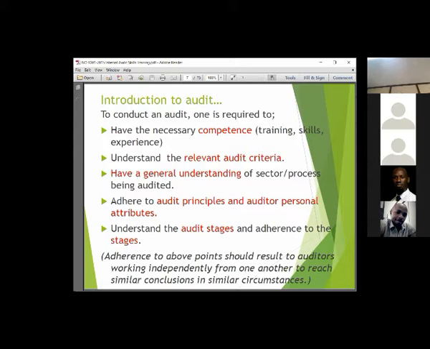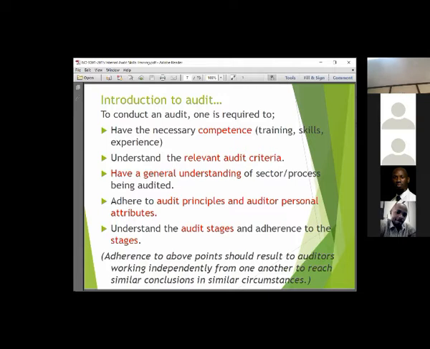If you are going to audit IT, we don't expect you to be an IT expert, but at least try to understand what IT is all about. And there is a lot of information out there through the website, through the documented SOP. If you can ask for the SOP, you can read through and see what goes on there. So you need to have a general understanding.